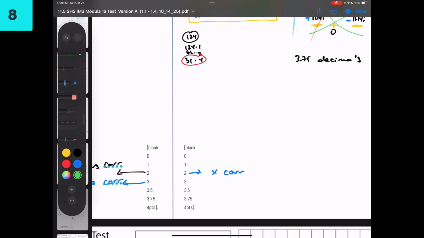Okay, so 3.5 points factored, but not solved. So you had like something like x minus 11.14i. And then 3.75, you forgot the plus or minus.